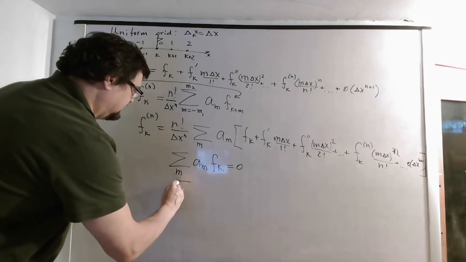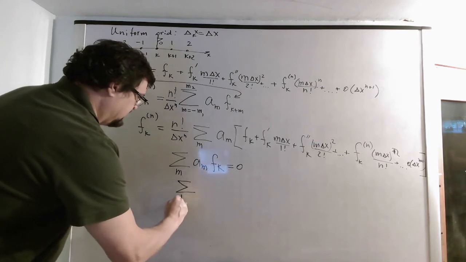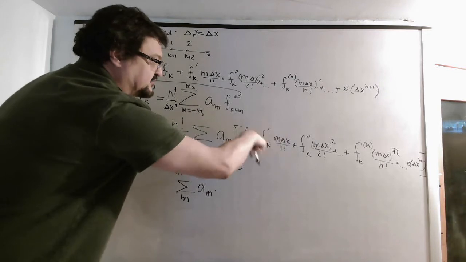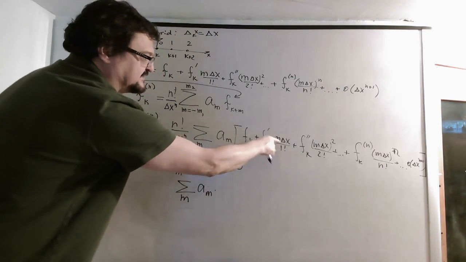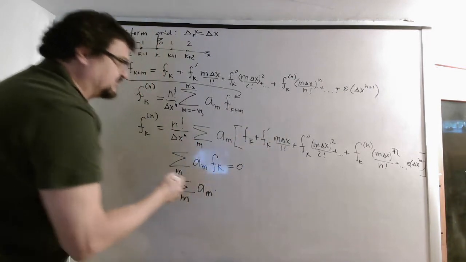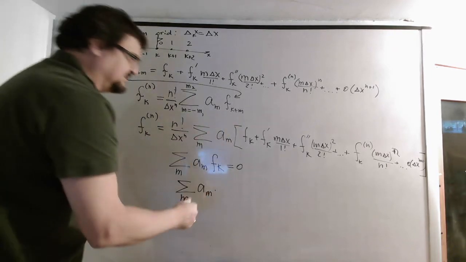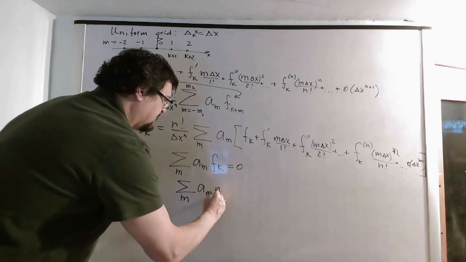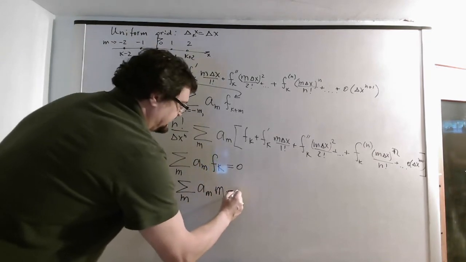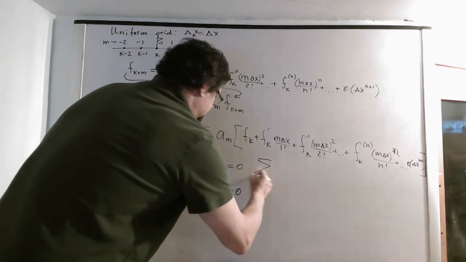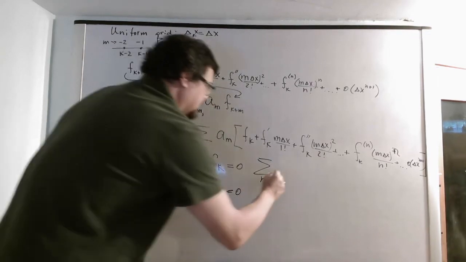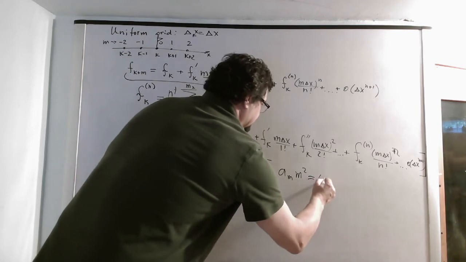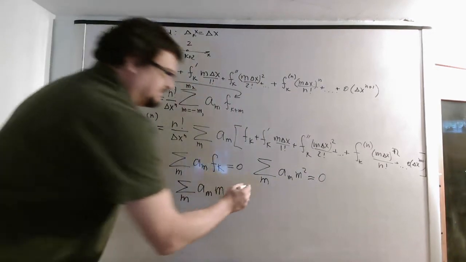Second condition, the sum of m a m. We need to cancel this term, and delta x is a constant, so it can be taken outside because we equal it to 0, it doesn't matter. The sum of a m times m equals 0. Next condition, the sum of a m m squared equals 0, and so on.